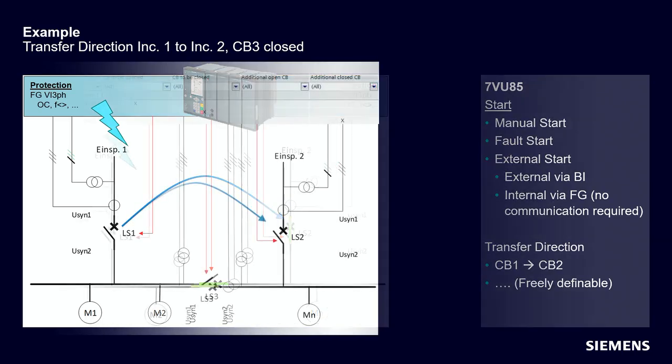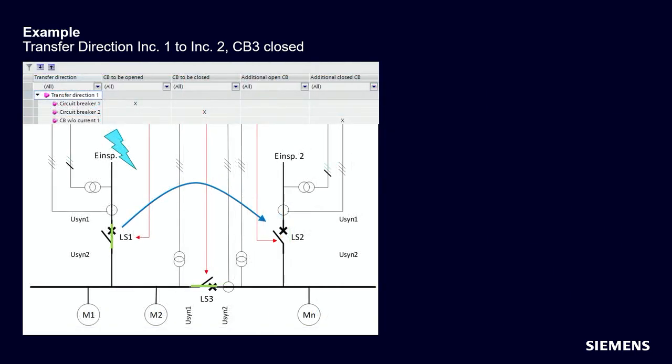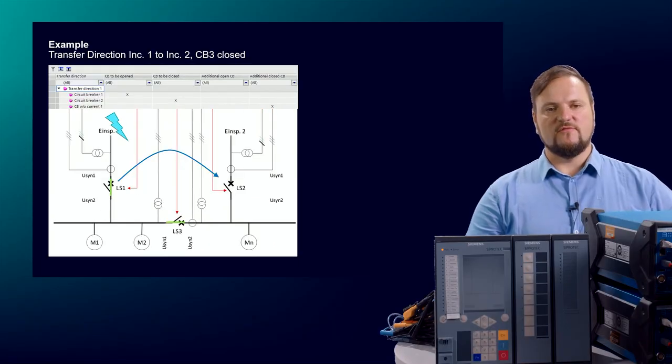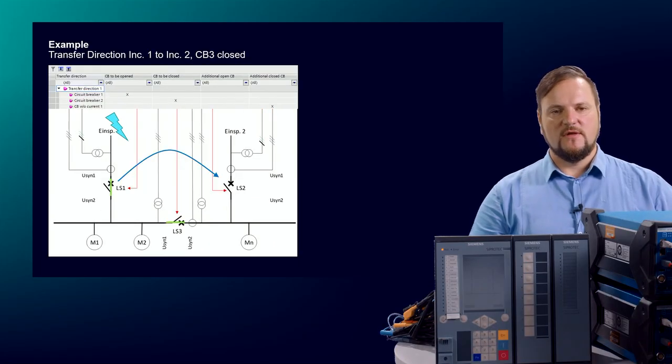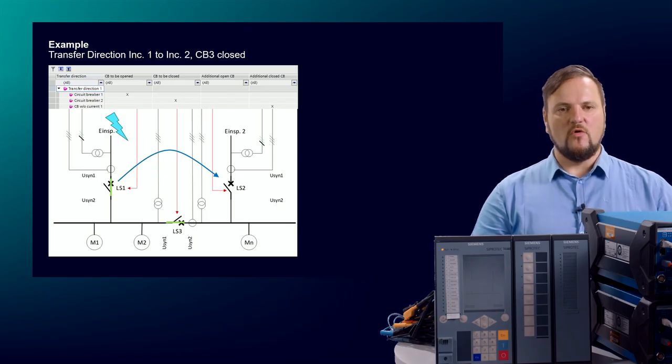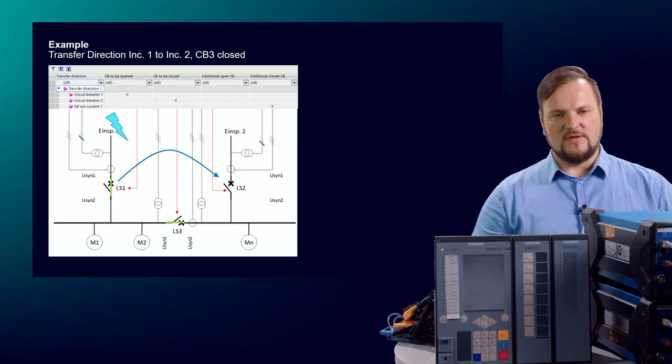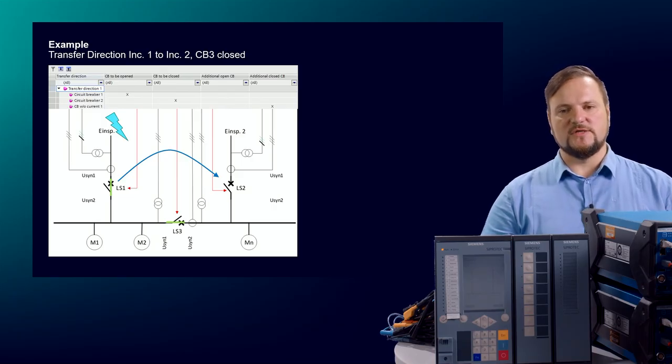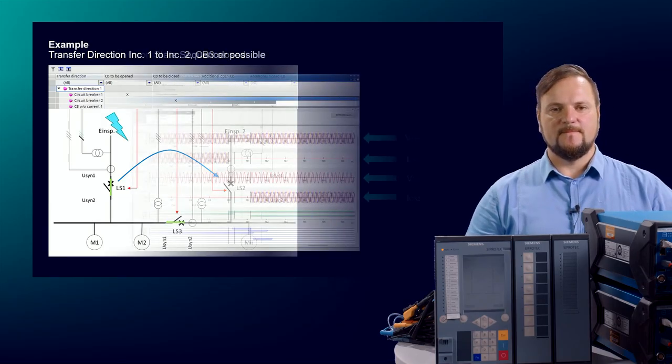If we have a look at how to do that, we have to define in a transfer direction in the routing matrix: CB1 needs to be open, CB2 needs to be closed, and CB3 should be closed in that case, so that this transfer direction is ready.